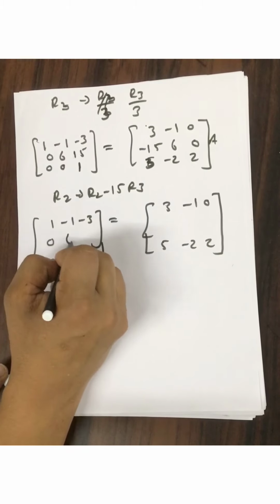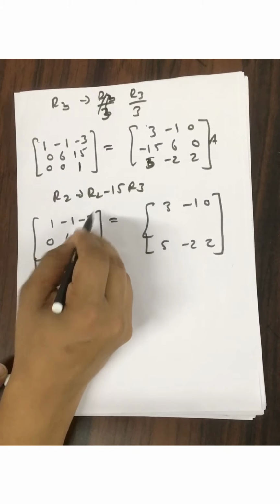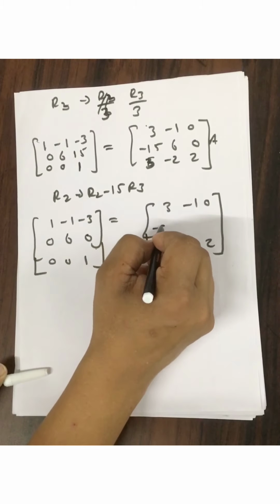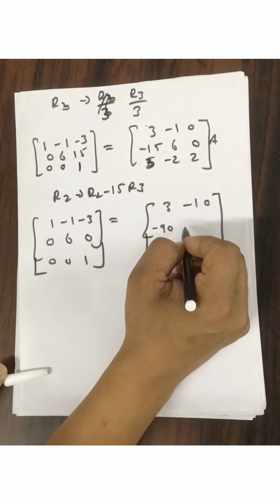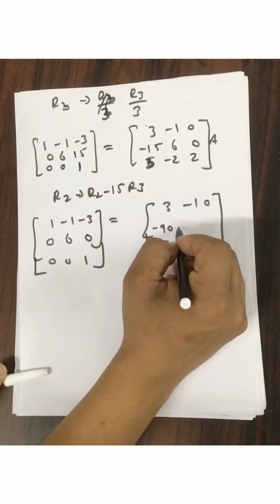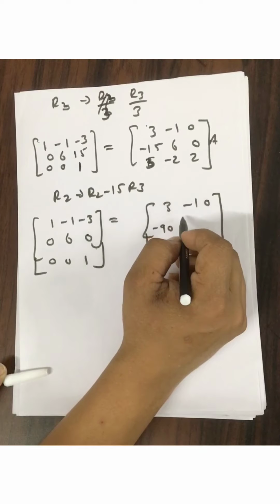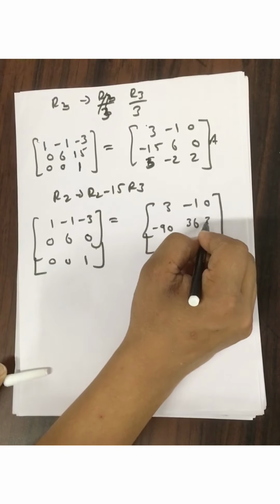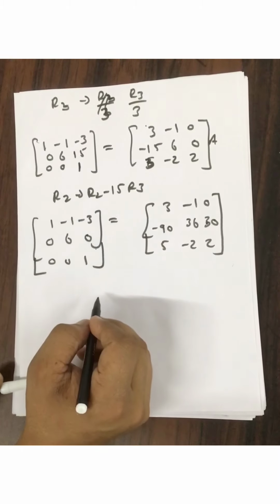This will become 0, 6, and if you are subtracting, this will become 0. Yes, this will become minus 90; 15 times 6 is minus 90, and this 15, this and this minus 90, 36, and this will become 30. 15 2s are 30. Okay.